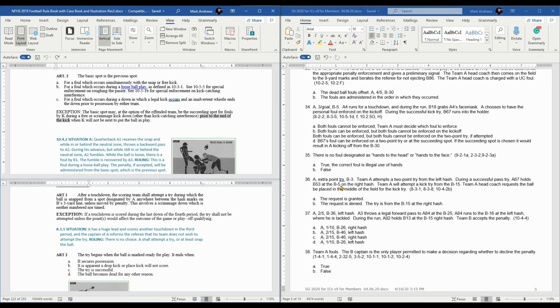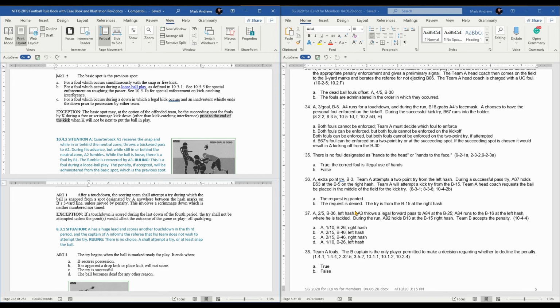The foul occurred behind the basic spot, which is the previous spot. This is called all but one enforcement. So the enforcement's going to be from the spot of the foul, 10 yards back. So they'll be kicking from the 15. So now the question is, can they move the ball from where they previously had it on the left hash? Now they want to put it in the middle of the field.